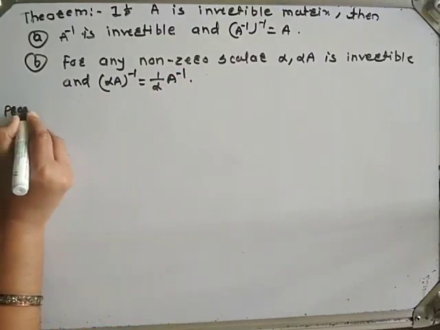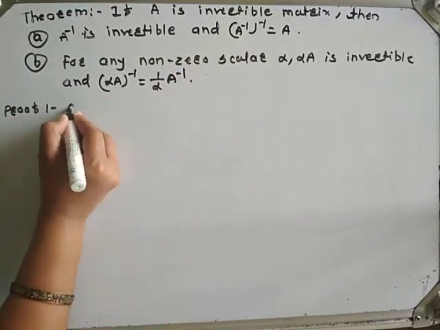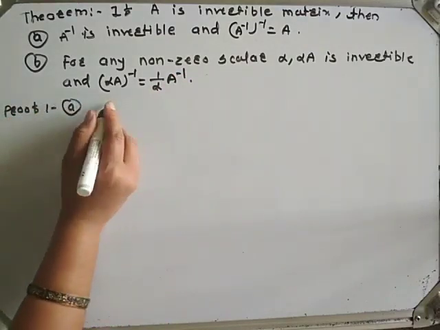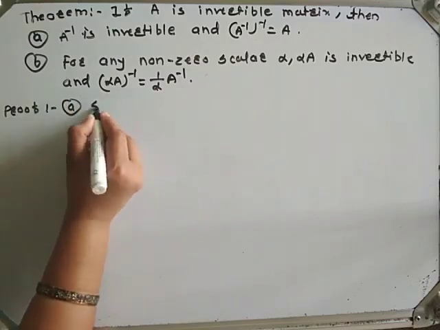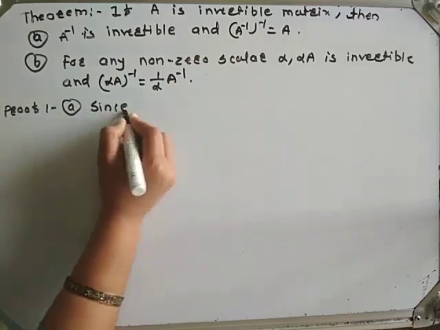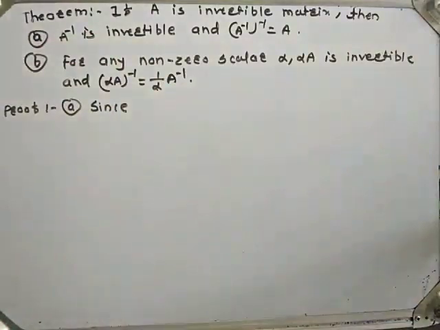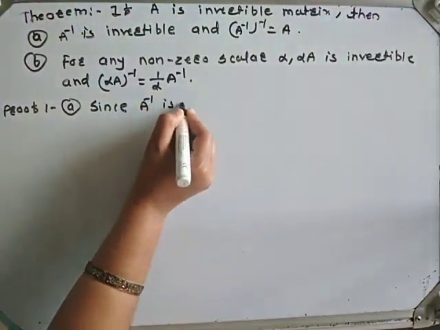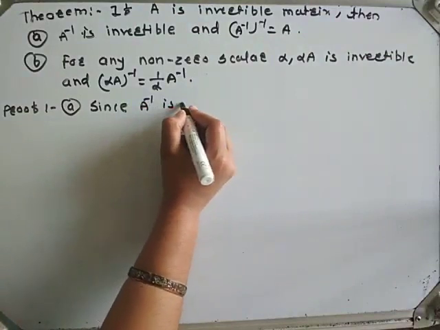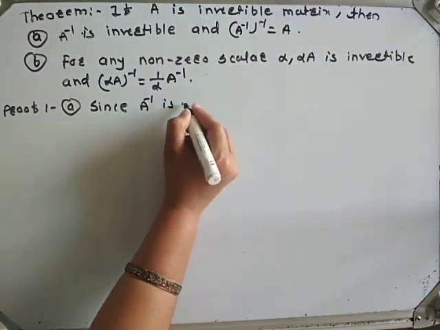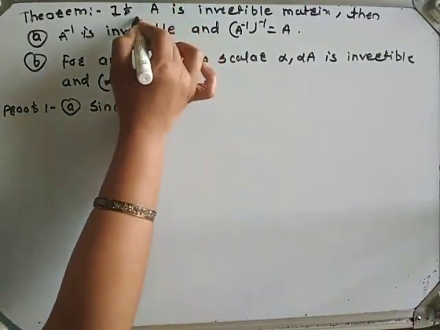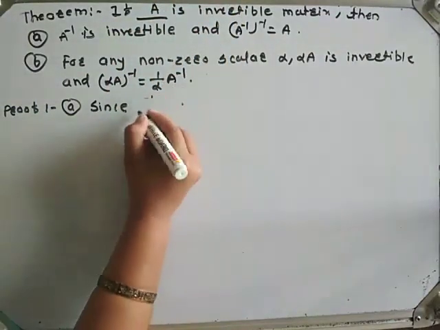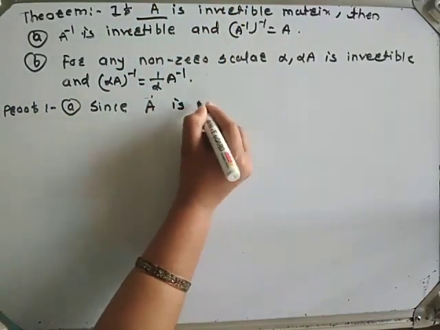First we prove part A. Let us see proof of part A. See what we have given. We have to show A inverse is invertible. We are given that A is invertible.